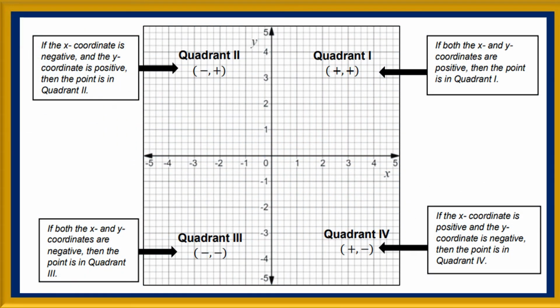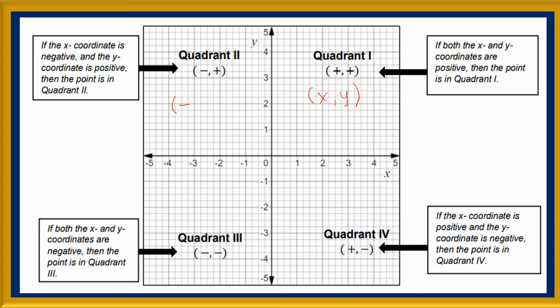Okay, in this figure, pinapakita dito kung ano yung dapat na maging sign ng ating ordered pair or ng ating given point kapag siya ay nasa Cartesian plane. Halimbawa, kapag ang ating ordered pair ay nasa quadrant 1, dapat ang kanyang maging sign ay parehas positive. So, magkakaroon tayo dito ng positive x and then positive y. Kapag naman ang ating point ay nasa quadrant 2, ang magiging sign niya ay negative and positive.